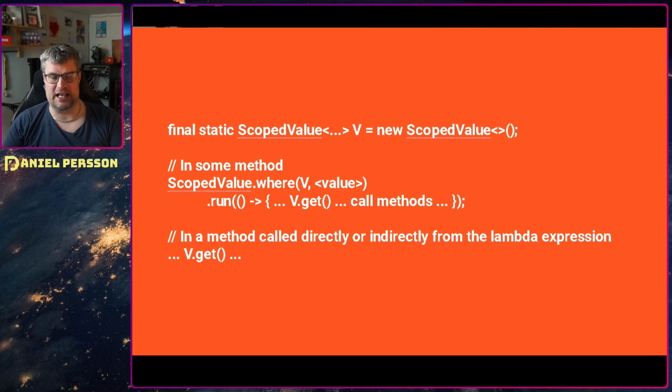You have a scoped value that you define first up here, and then where you want to use it, you say where this scoped value is equal to some value, and then you run your method, lambda or whatever you want to run, where this scoped value will be used at some point, and then that is just between that function, when you run that function, and nowhere else. And when that function has run, the scoped value is returned to the garbage collector and can be collected with the rest of the memory.